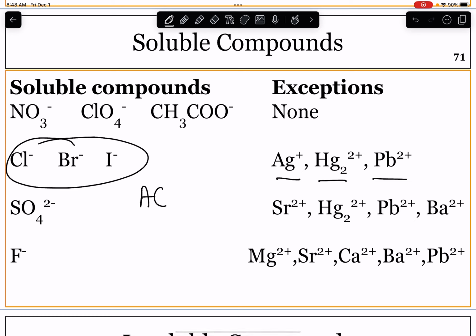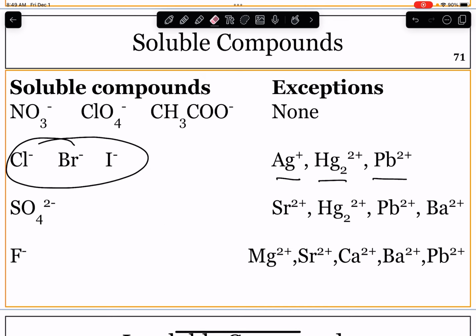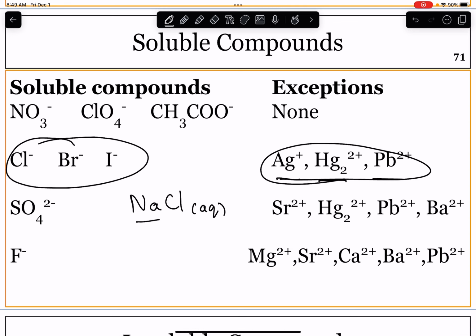So that would mean silver chloride would be solid, or silver bromide, that would also be solid, or silver iodide, that would be solid, or lead chloride, lead bromide or lead iodide, and so forth. Same thing with the mercury. All of those would be solid. However, if you had something else with the chlorine, like sodium chloride, that would be aqueous, because sodium, Na, is not one of our exceptions.